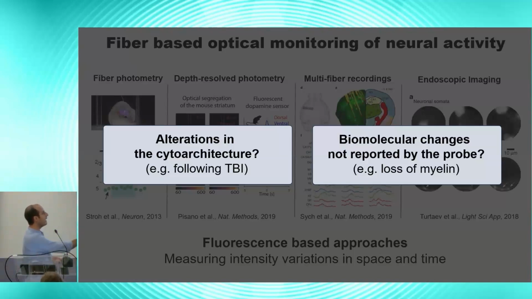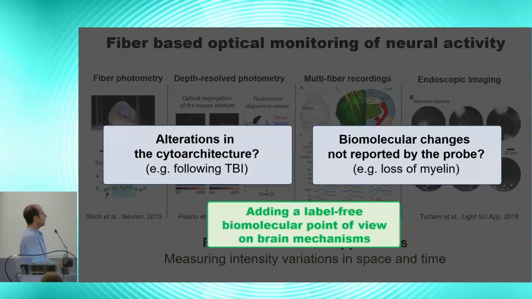If we have a loss of myelin that is not reported by the probe, we are not measuring it. So there's a lot of information that we are missing with the state-of-the-art technology. What would be interesting is to have a biomolecular point of view on the brain mechanism that goes beyond the genetically encoded reporters and ideally does not need a reporter, so that is label-free and you can measure the brain in its native state.